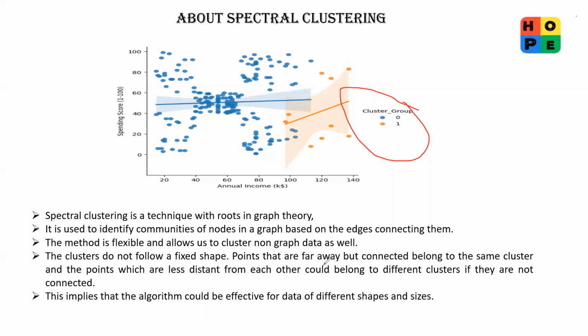Points that are far away but connected belong to the same cluster, and points which are less distant from each other could belong to different clusters if they are not connected. The blue points are scattered and have gone into the saffron region as well, however they are still part of the blue cluster.